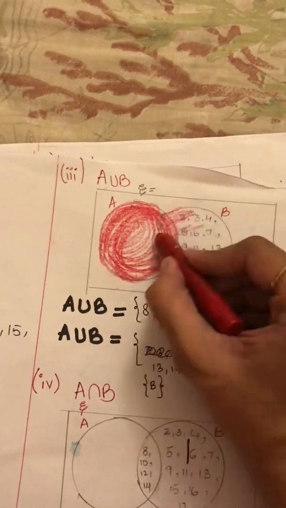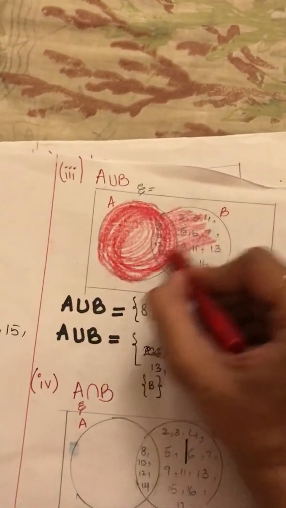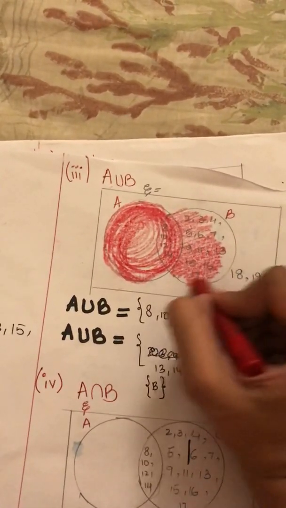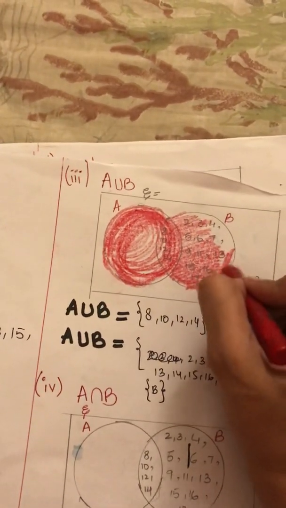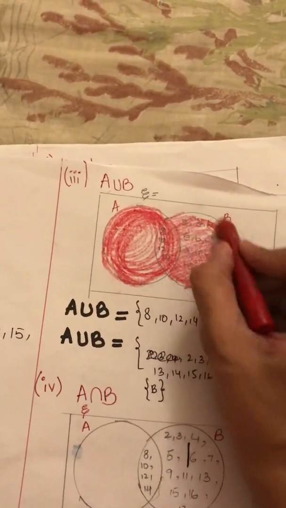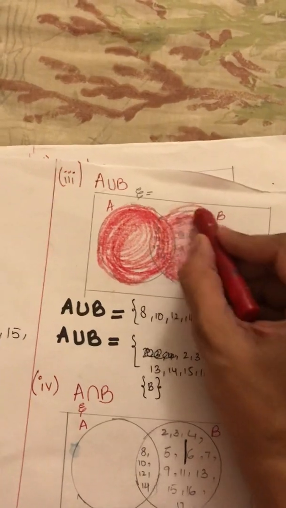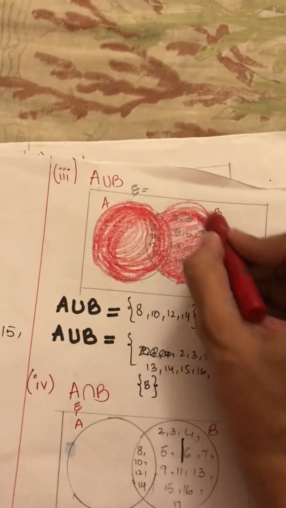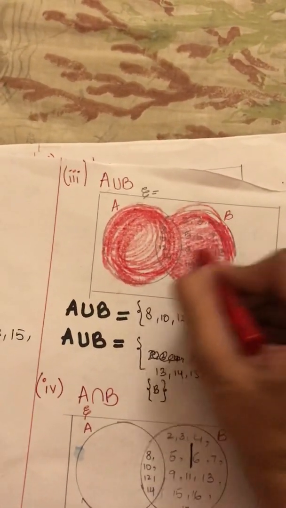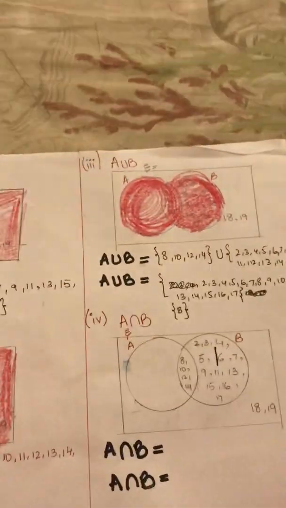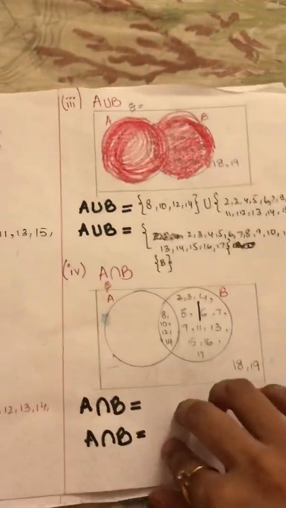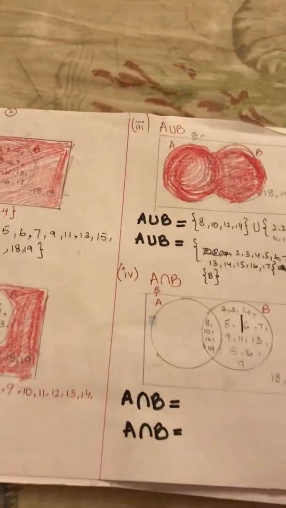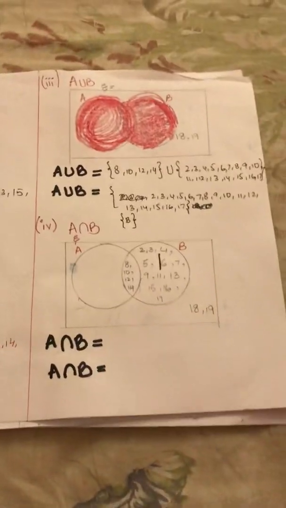I'm holding the camera as well as shading simultaneously, so kindly pardon me. Okay, now that's the shading of the Venn diagram for A union B. Union means to include all of the elements that are present in both of the sets, because in grade 7 we are only dealing with 2 sets as per our syllabus.